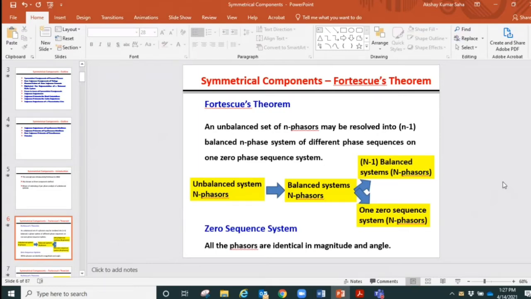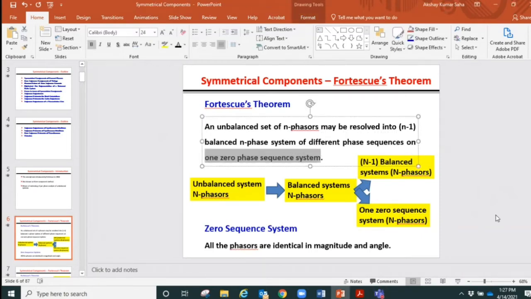Meaning, if we take the example of our three-phase system, it can be resolved into 3 minus 1 balanced phasors, in which there will be three phasors, and on top of that it mentions that a zero phase sequence system will be there.